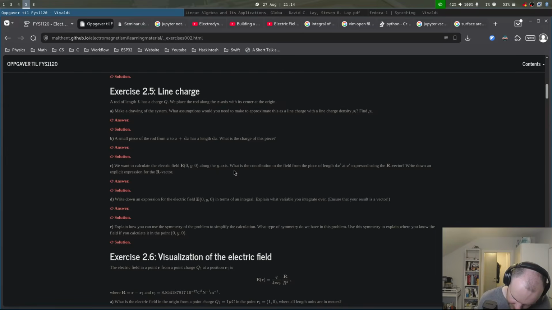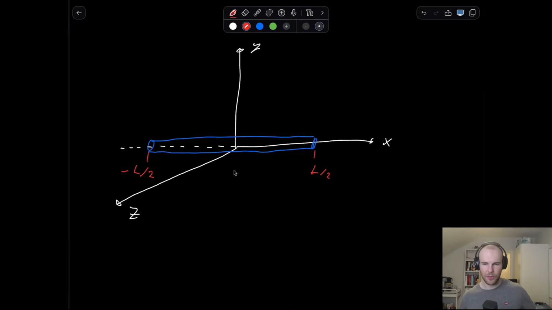That's our rod. And of course, what was the length of this guy? It was L, so here is just L over 2. And here is minus L over 2. Okay, so here you see is the rod, right?